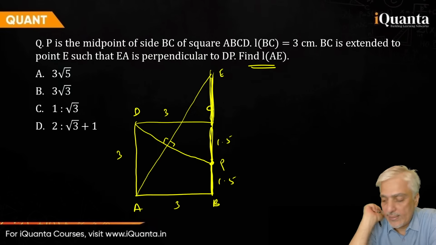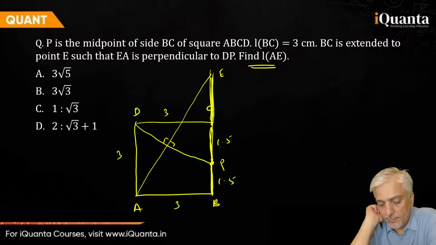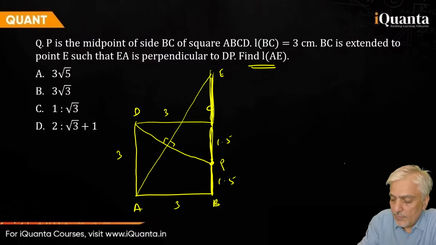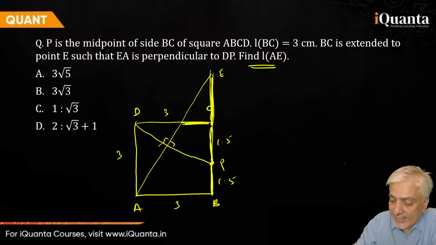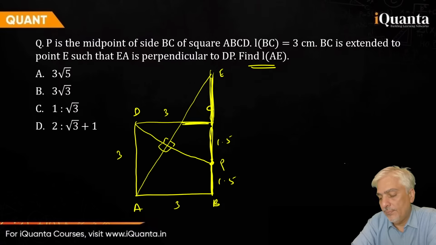Come on, quickly, guys. How do you want to make use of this 90 degrees? That is the main thing, because that 90 degrees was given in the question. So it will have some usage.